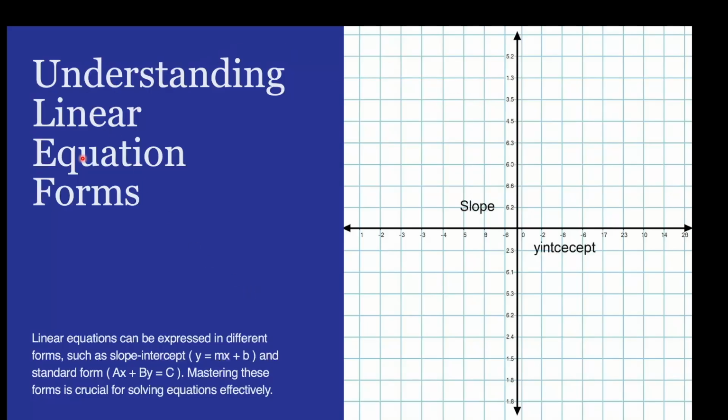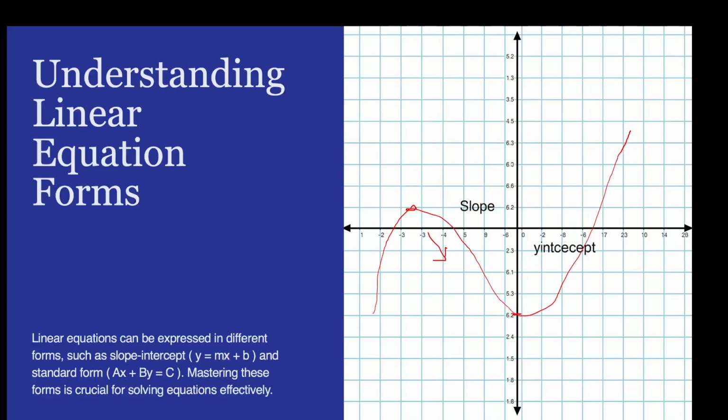So we have to understand linear equation forms. From this graph we can see the y-axis and x-axis. There's also slope. Slope means gradient. Gradient is how steep the line is going. For example, there's a line like this, and the slope is increasing, and here is the critical point where the slope equals 0, and then the slope is decreasing.